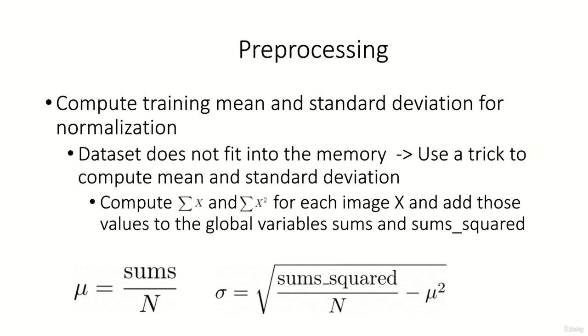We can now compute the mean by simply dividing the sums variable by the number of images in the dataset. In this case, this would be 24,000. Now we calculate the fraction between sums squared and n and subtract the squared mean from this expression. Subsequently, we take the square root of this result, which delivers us the standard deviation. Cool, isn't it? Instead of loading the whole dataset into the memory, we only need to update 2 sums to compute mean and standard deviation.